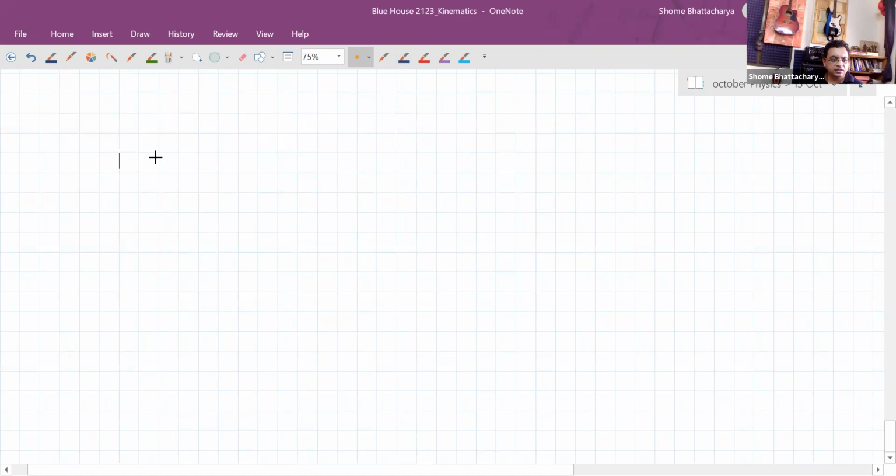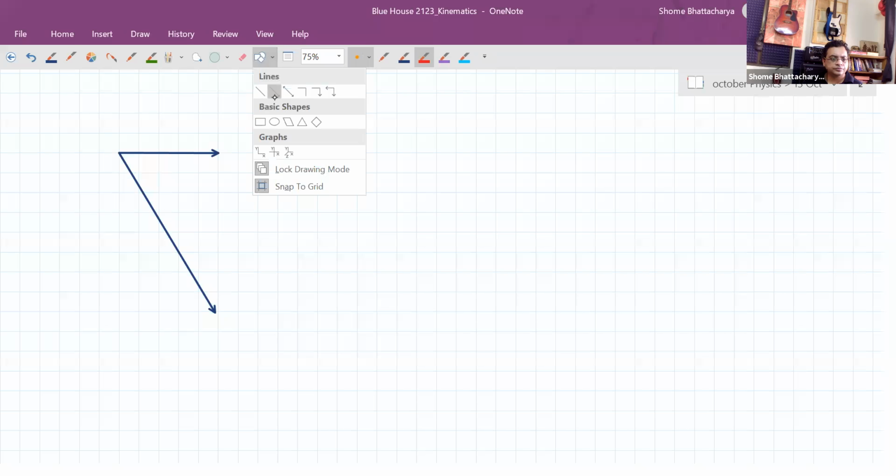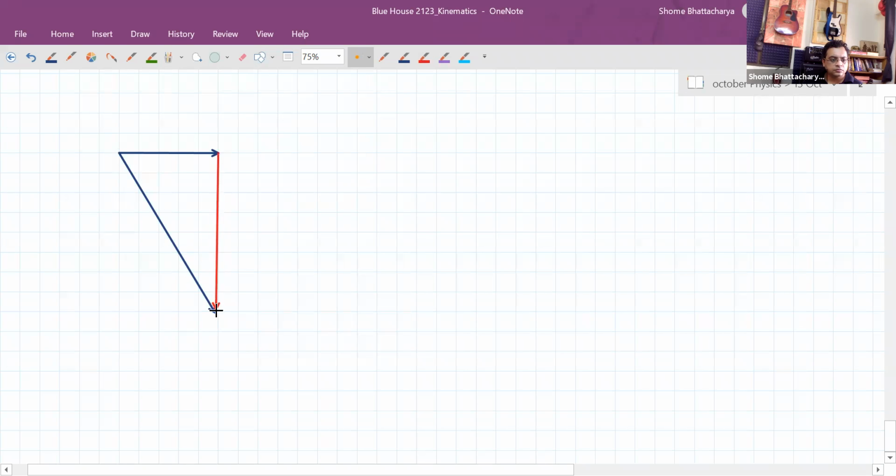See, in the first triangle, if this side is 3, this x is equal to 3.